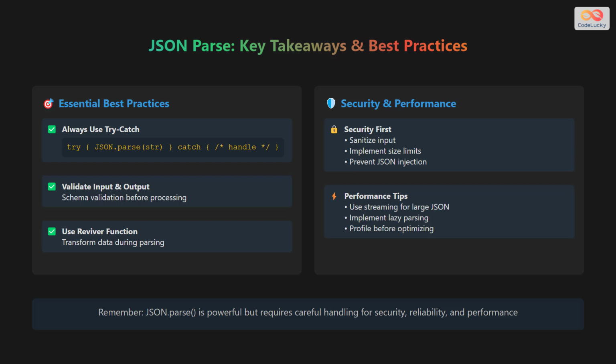When it comes to security, remember to sanitize the input, implement size limits, and prevent JSON injections. For optimizing performance, use streaming for large JSON, implement lazy parsing, and always profile before optimizing. JSON.parse is powerful, but requires careful handling for security, reliability, and performance. Remember to implement these best practices in your JavaScript projects.